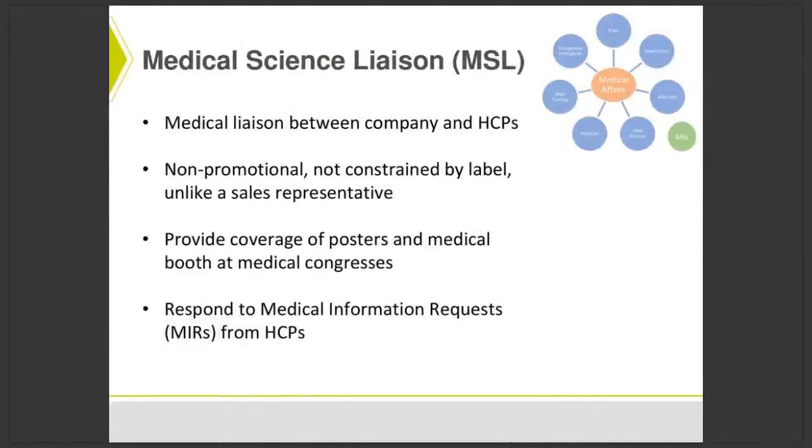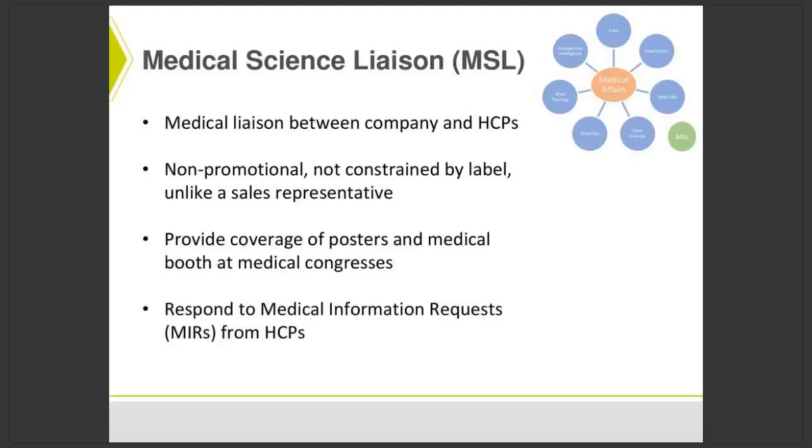So we've talked about the MSL role already. I think each of these bullet points have already been addressed. But if you're unsure about what the role actually is, the important way that I typically think about it is by breaking down each of the components of the title itself. Medical, the first word, is not only to indicate the functional area, but also it represents the key stakeholders, those involved with making medical decisions, or speaking more broadly, the medical community.